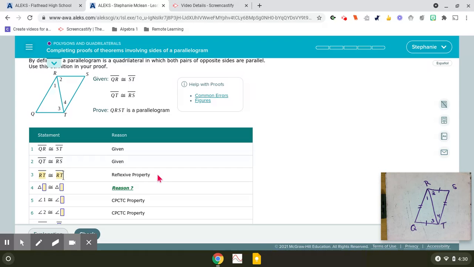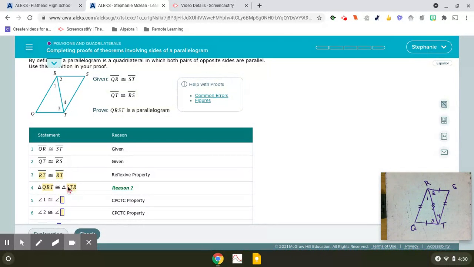So now that we have that RT is congruent to RT, we can prove that these two triangles are congruent, okay? Because we have three things. So we're going to say triangle QRT is congruent to, so Q is in between the two tick marks and the one tick mark, so we have to start with S. So STR.